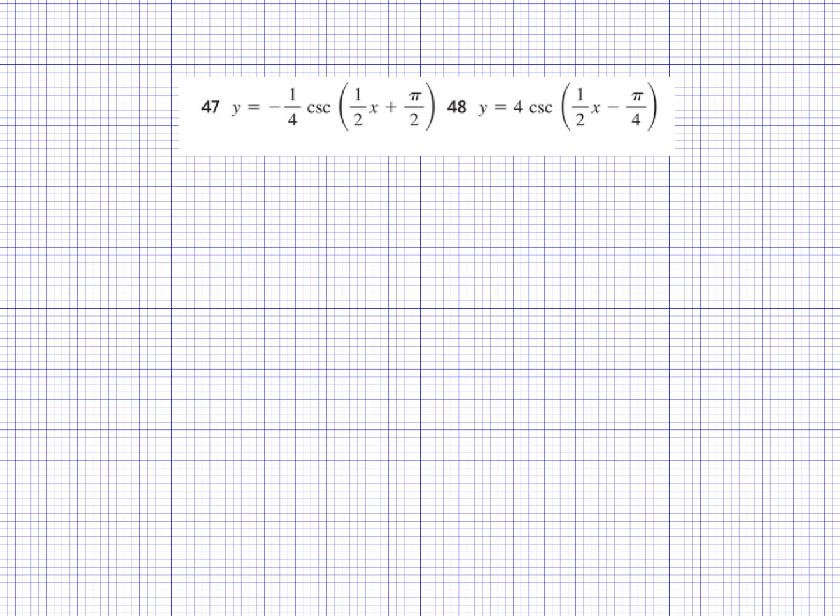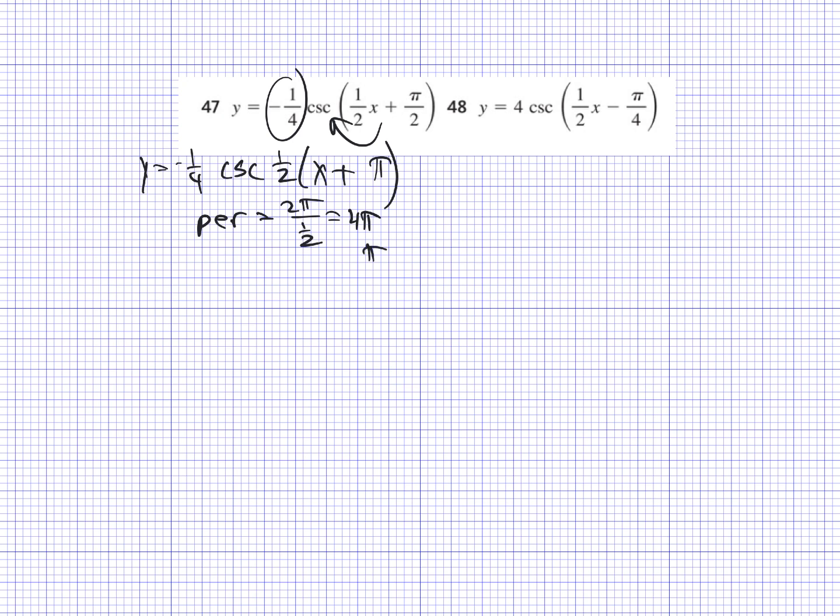Last ones. All right, reflection again, and we've got to factor out a 1/2. So y equals negative 1/4 cosecant of 1/2, and that's x plus pi over 2 divided by 1/2 is going to be pi. So our period is 2 pi over 1/2, or 4 pi. So each increment is pi.